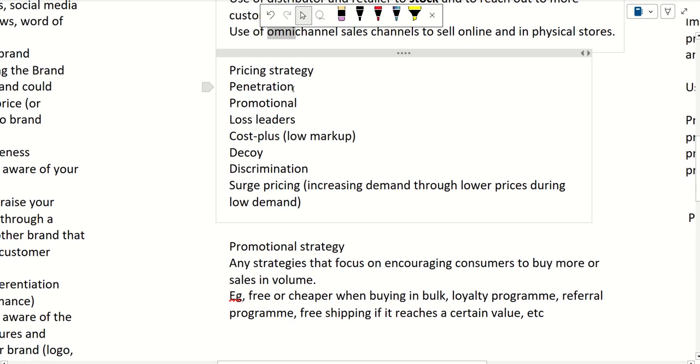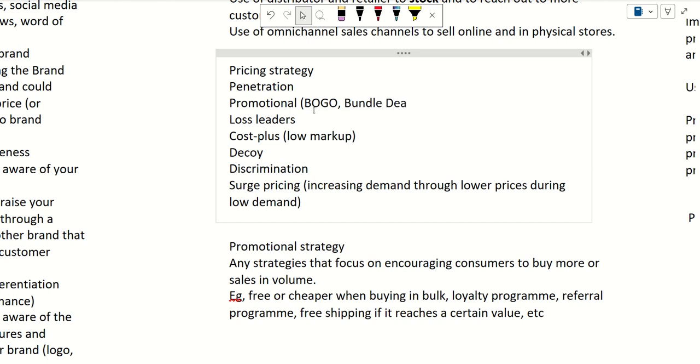Okay, all the different pricing strategies that can help you increase sales volume are here. Penetration pricing, that means you, as a new product, come in with a slightly lower or more competitive price, and you try to capture as much market share. Promotional pricing, like buy one get one free. You do bundle deals and things like that.